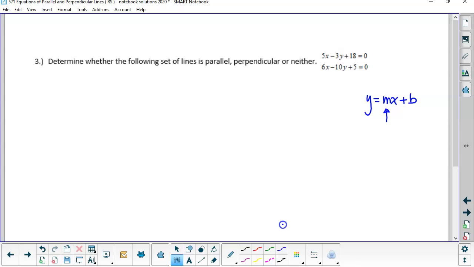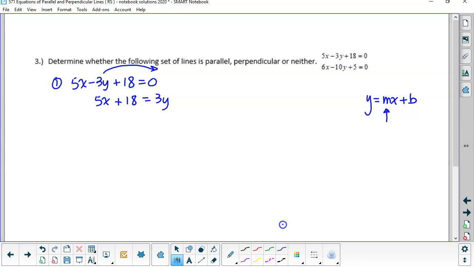So in this case, these equations are in general form. So for this question, I'm actually going to solve for y. So I'm just going to put equation 1 here. Okay, and so to solve for y, the fastest way, because y is a negative term there, is to bring it to the right.